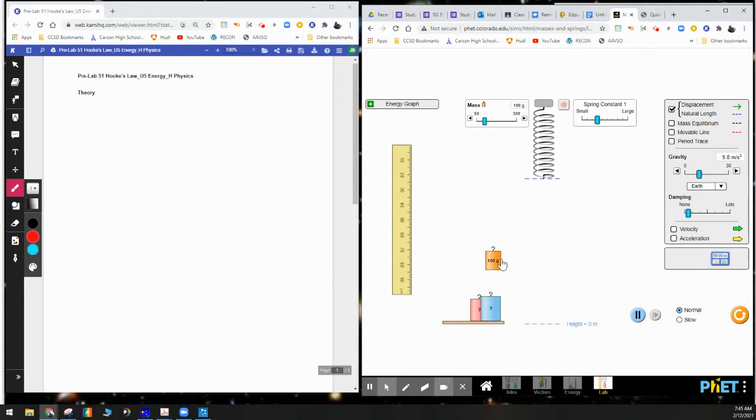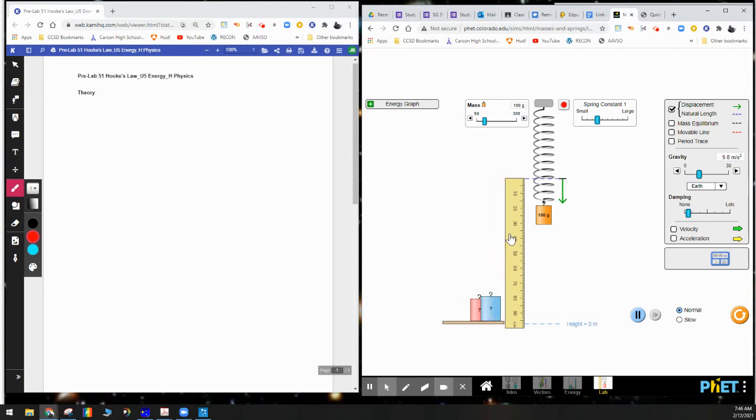So let's put this mass on here and see what happens. There's some dampening here, which means friction is going to eventually bring it to rest. What we have here is that it's stretched some length from its original position, so we can call this mass equilibrium.